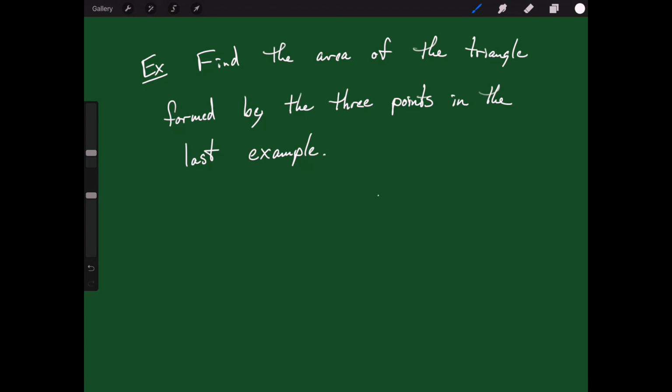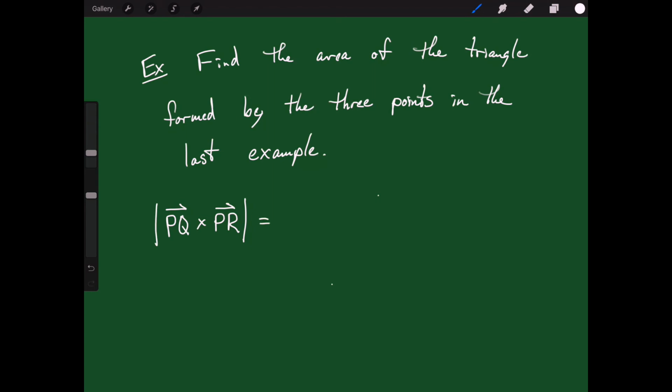Now, we could just use some geometry to do this, but we can make life a little simpler because we know something about the parallelogram formed by those two vectors. I already have told you that the magnitude of PQ cross PR is the area of a parallelogram.